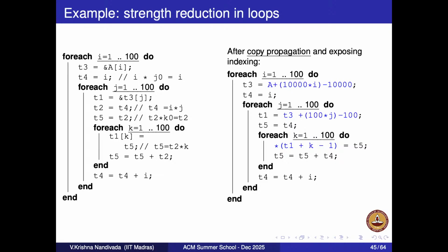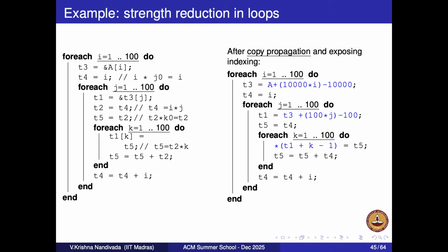Jth row. In each row, how many elements do I have? So j times 100. In that row, you want the kth element. This minus 1, minus 100 is because of your indexing. If you change your indexing, it can change.